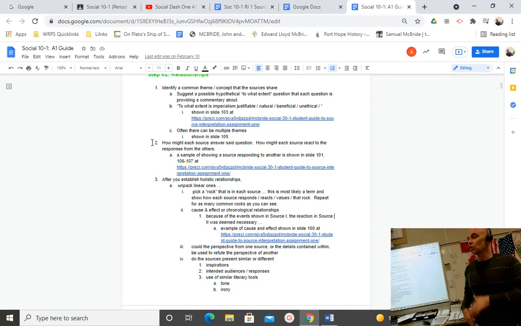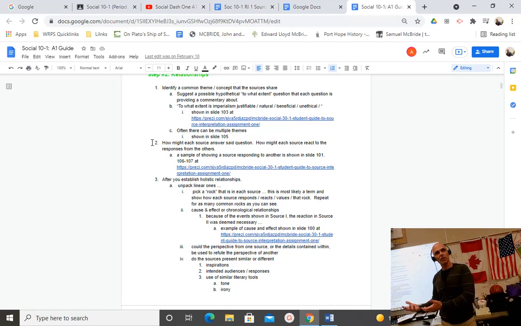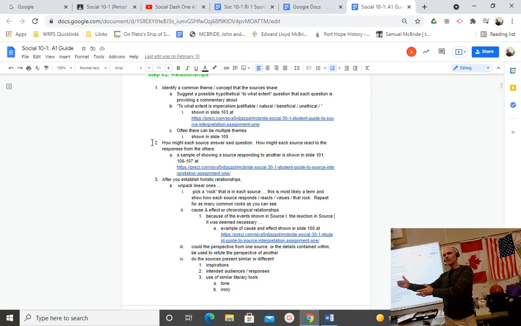Step two, logically, once you've said, here's the question that holds them together, step two, you might spend some time to say, with regards to this question, this is what they would answer. That's a logical next step. You said this is the question that holds them together as a set. Logically, the next step would be to say, with regards to this question, John Tomlinson, the voice behind source 1, would say this.